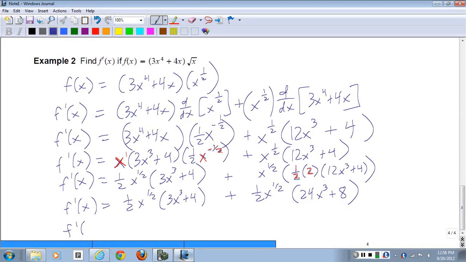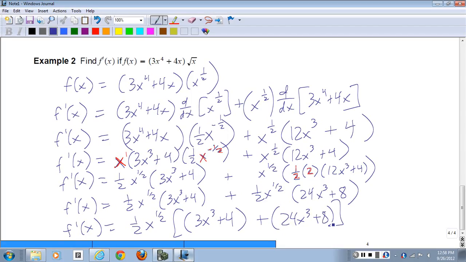So f prime of x is equal to 1/2 x to the 1/2 times 3x cubed plus 4 plus 24x cubed plus 8. And we can add them: 27x cubed plus 12.